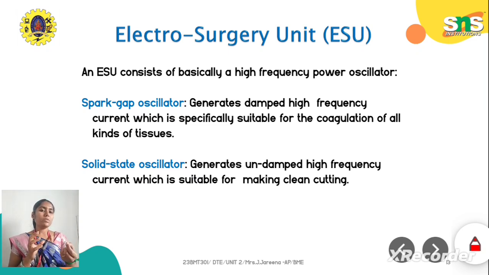To make a precise cut, we need a current of very constant amplitude and frequency, so that the full power intensity reaches the tissue and the process of cutting happens. So this is the difference between damped and undamped high frequency, and why damped is used for coagulation and undamped is used for cutting.